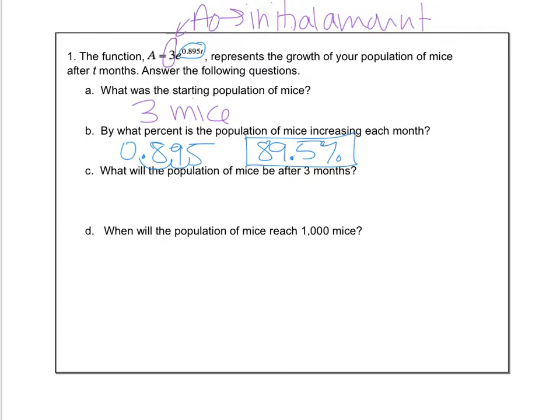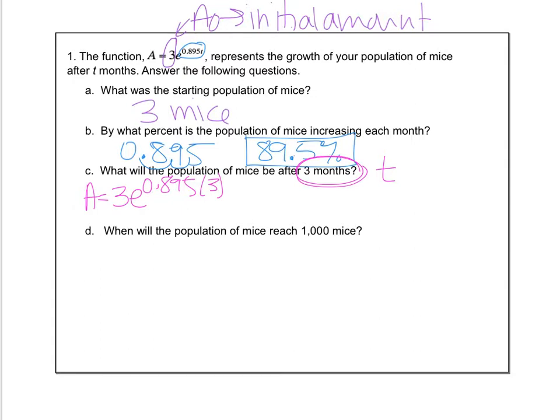Alright, part C. What will the population of mice be after 3 months? Where am I putting that 3 months? That's going to go in for T. So I'm going to just plug that into the equation here. A is going to equal 3e to the 0.895 times 3. This should feel like what we did at the very beginning of the chapter.